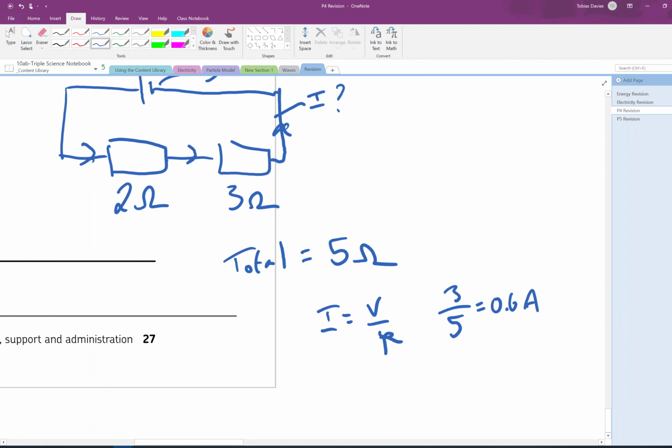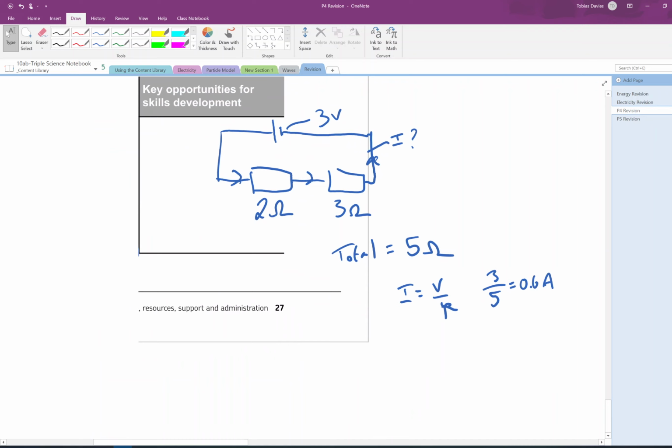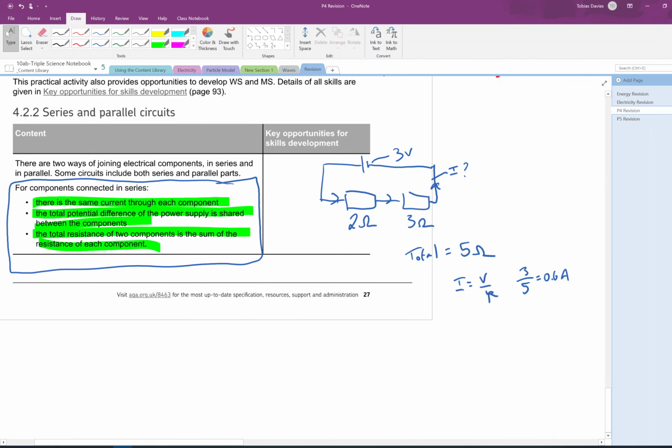So the unit is the amp. Okay, so we've got 0.6 amps. So that is your current in a circuit. Or if you had a current and a resistance, then you could find the value for V by just multiplying the two of them together.